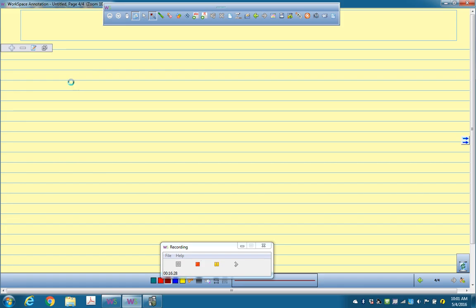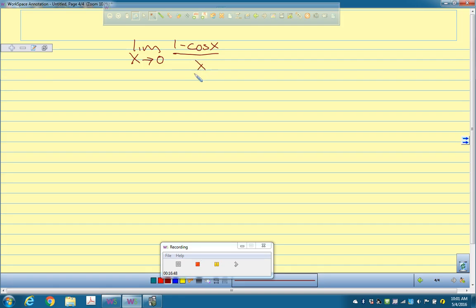If you see something like this one, the limit as x goes to 0 of 1 minus cosine x over x, in calculus you'll learn a very, very easy way to do that one.